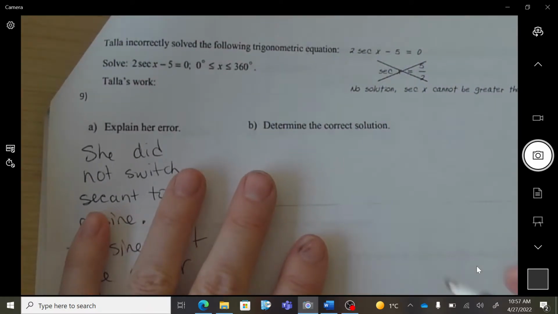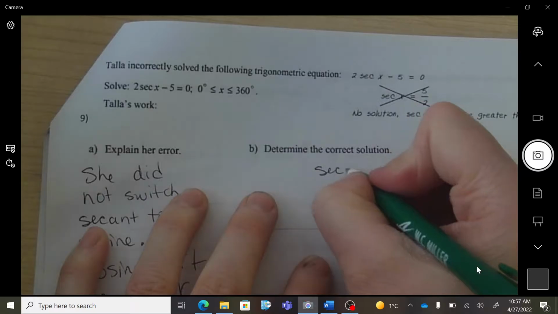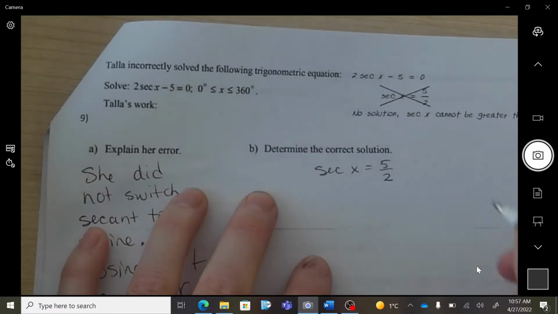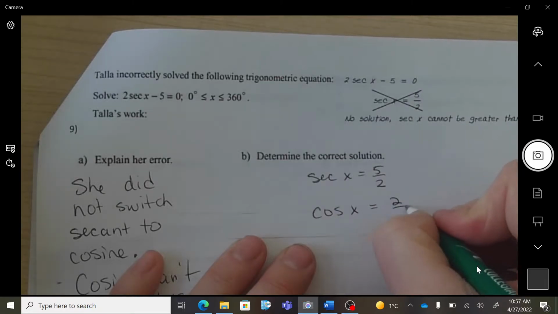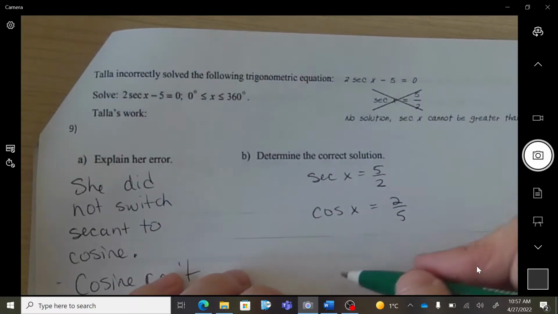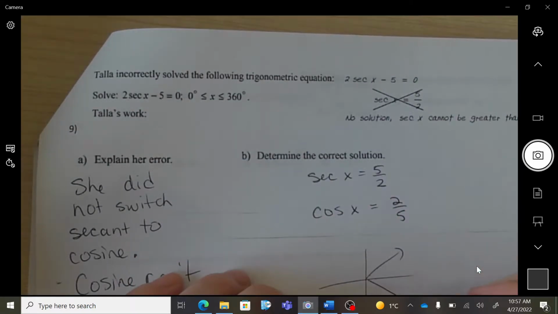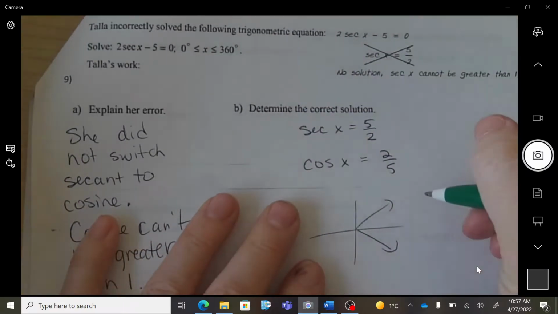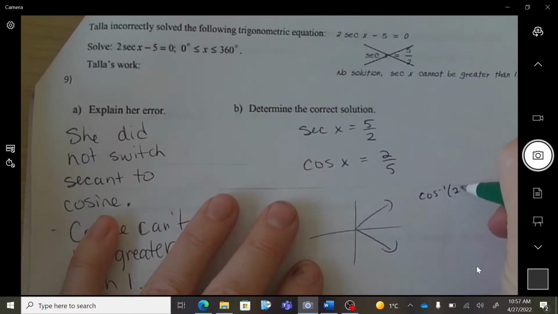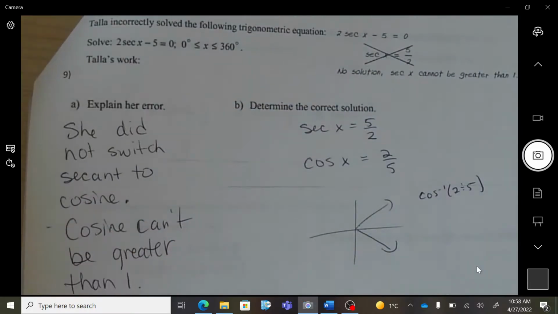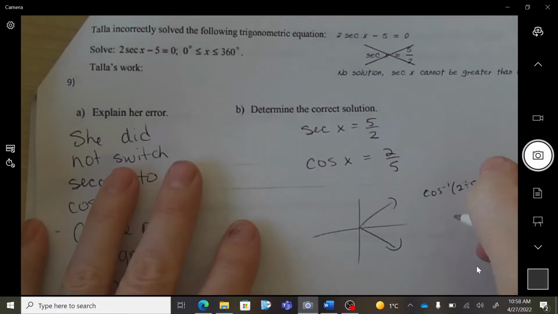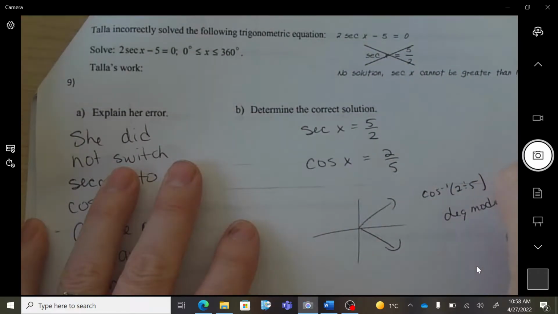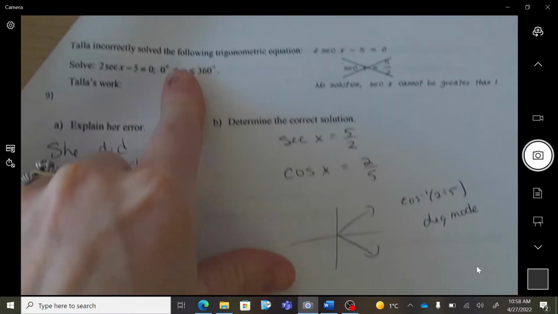Determine the correct solution. Okay, so once we were there, that was fine. So now I'm going to go cos of x equals 2/5, which will have a solution. So cos is positive here and here. So I'm going to cos inverse 2/5. Okay, we need to be in degree mode here because of that.